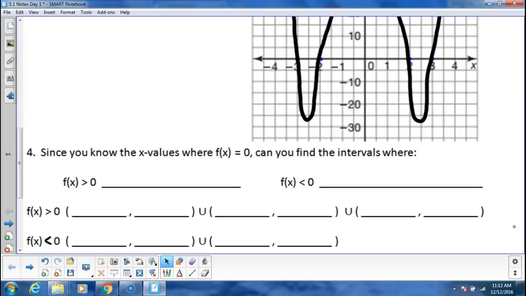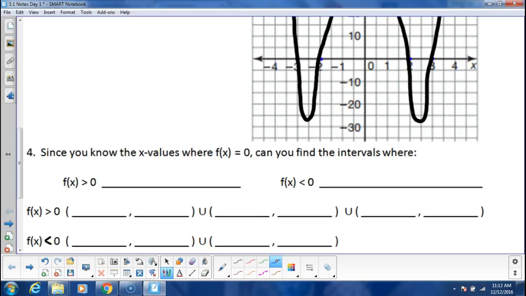So what I'm concerned about today is when my function is greater than 0, or when my function is less than 0. Just based solely on my graph, how can I tell when my function is greater than 0? When it's above the x-axis.